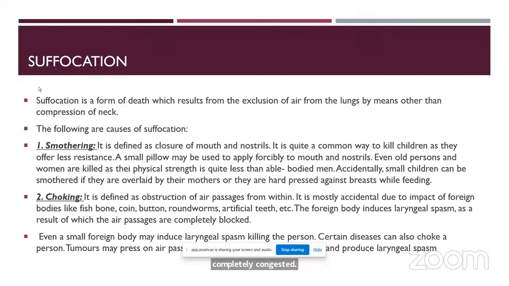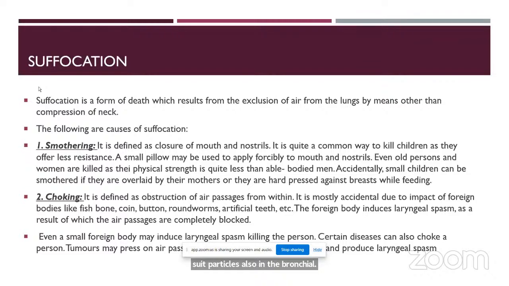Also, if the choking is caused by inhaling unwanted gases, as in arson cases, we can find soot particles in the bronchial area.